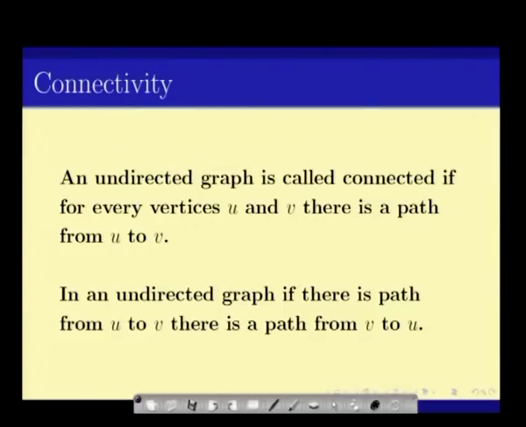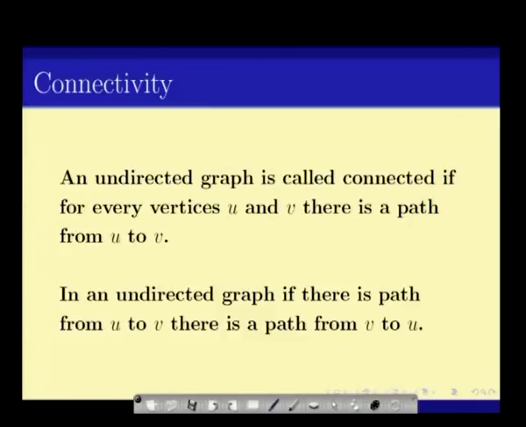So, in an undirected graph, if between any two vertices there exists a path, then we call it a connected graph. It is something like you are living in a city, and if from any point to any point you can go by walking, then it is called a connected city. But say in your city there is a river going through it and the river does not have any bridge, then how will you go from one side to the other side? In that case, it is not a connected city.